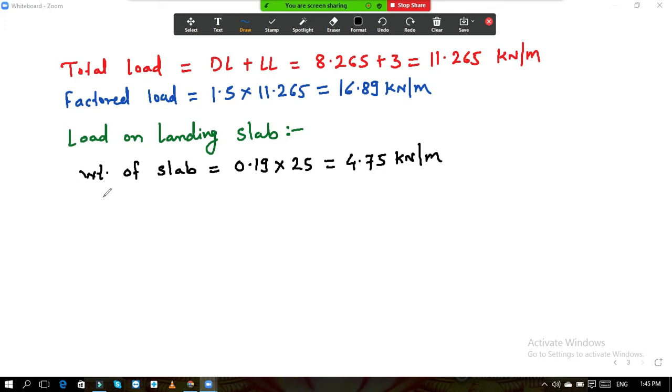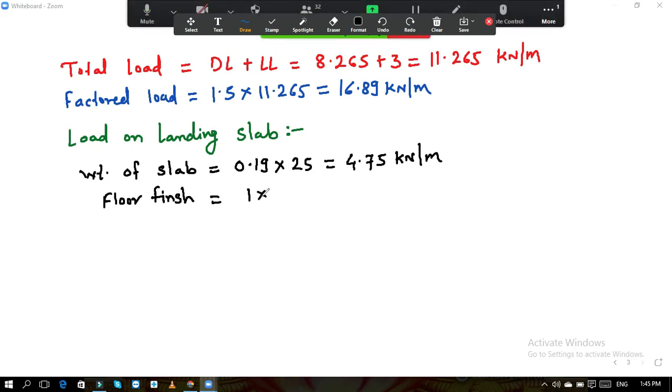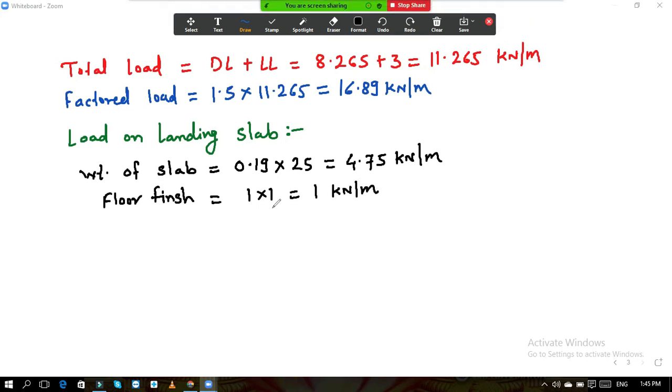Then floor finish. On landing the steps are not there, so weight of steps here you should not consider. It is 1 into 1, which is equal to 1 kilonewton per meter. And after that live load. Live load is 3 into 1, which is equal to 3 kilonewton per meter.